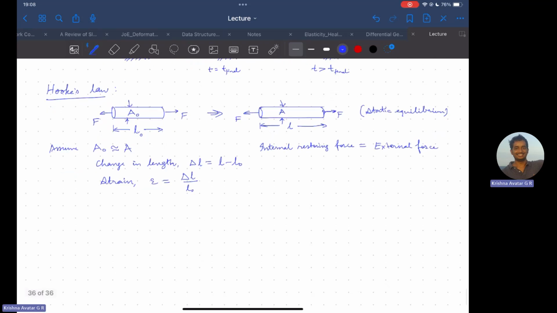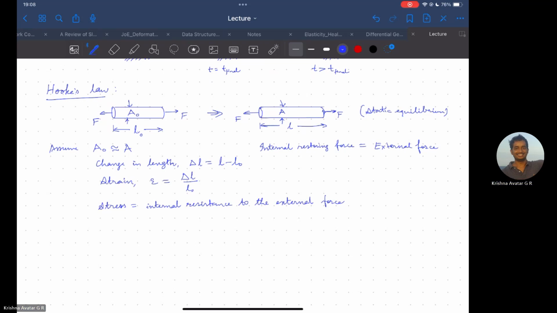and before that, let's also define something called a stress. Now stress is equal to the internal resistance to the external force.